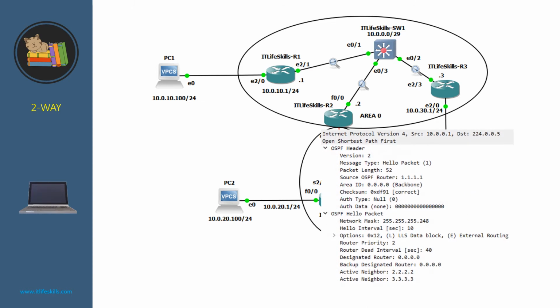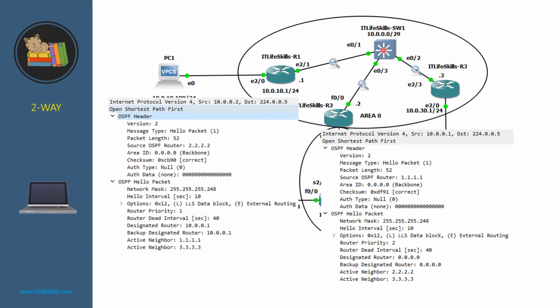Here is a hello packet that router 2 received from router 1. As you can see, router 1 listed router 2 and router 3 as the active neighbors, which allows router 2 to transition into the two-way state.